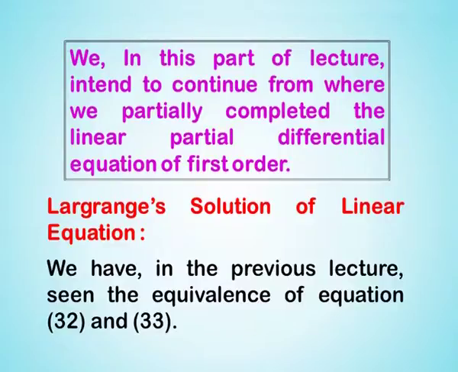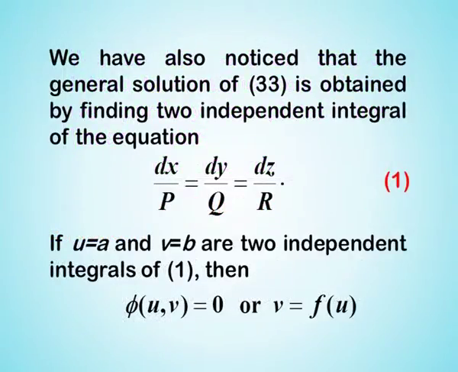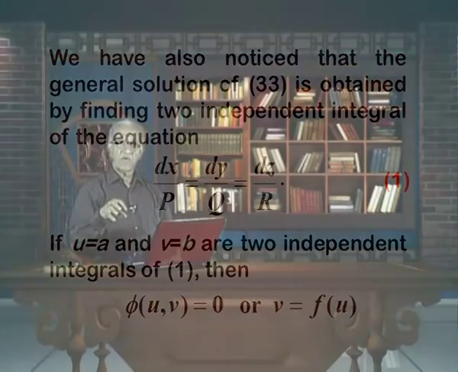We have in the previous lecture seen the equivalence of the equation 32 and 33. We have also noticed that the general solution of 33 is obtained by finding two independent integrals of the equation. You can see it looking like a ratio, dx upon P, dy upon Q, dz upon R. P, Q and R carry the same meaning as we have decided earlier.